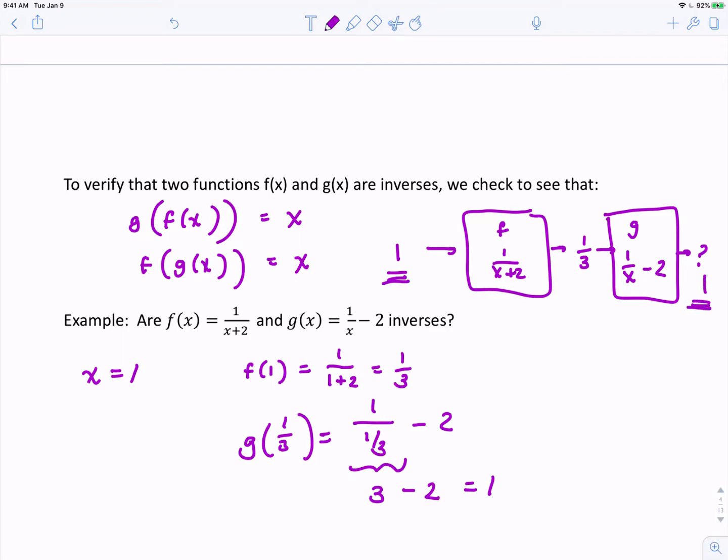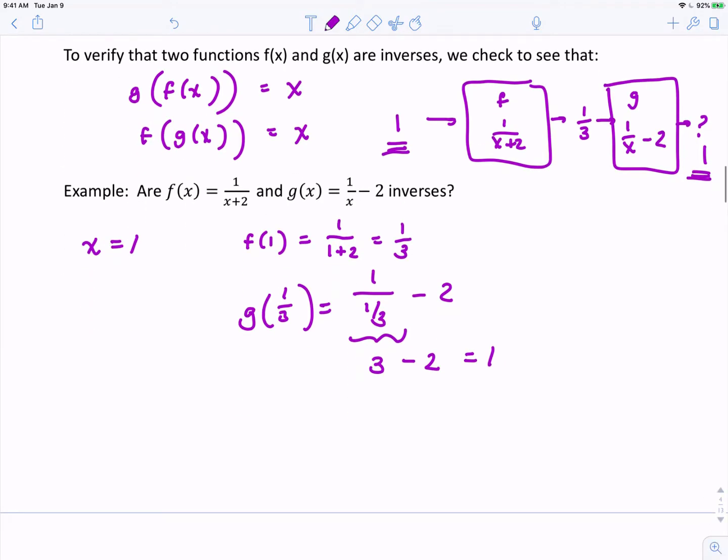So it's very possible that these two functions are inverses. Since it's possible, now what I need to do is show that they are inverses using the general case. Okay, so let's give that a try. So f of x is equal to 1 over x plus 2.